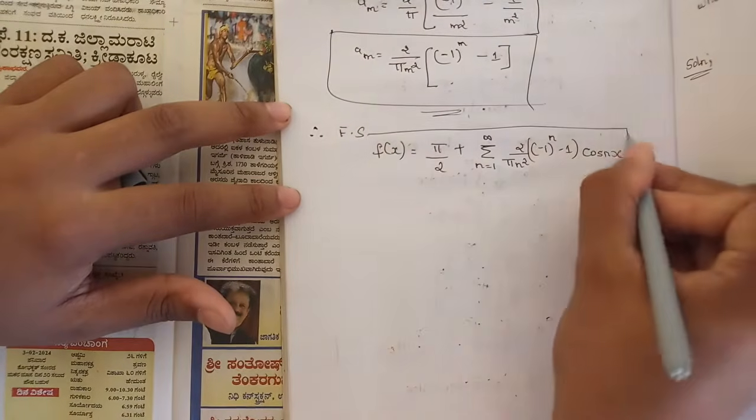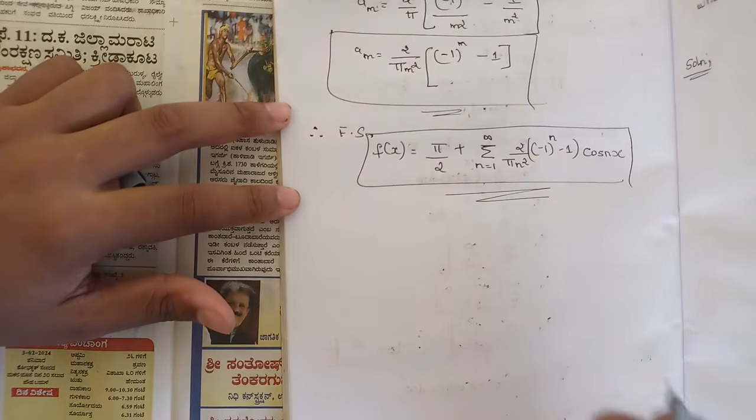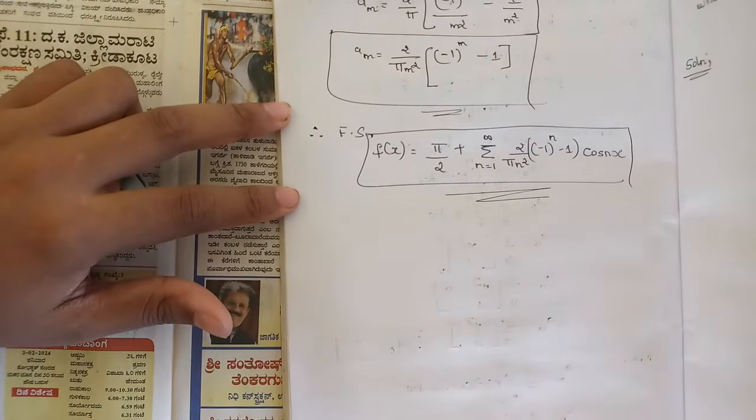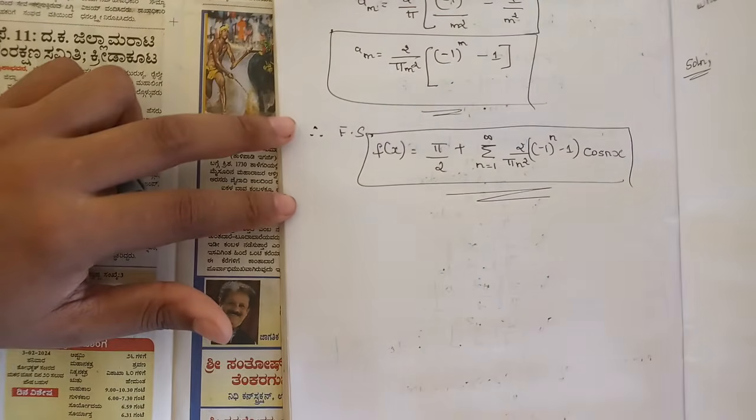This is the required Fourier series. The Bn term is 0, so we can neglect it. So this is the Fourier series for this problem. We'll move on to the next problem.